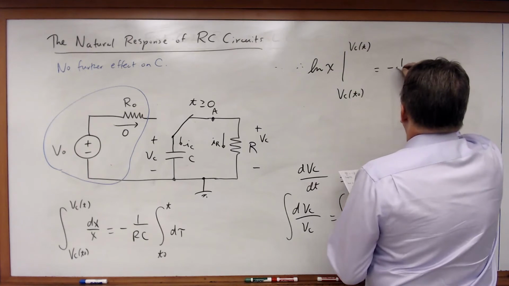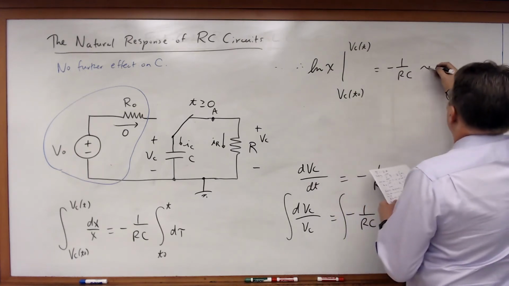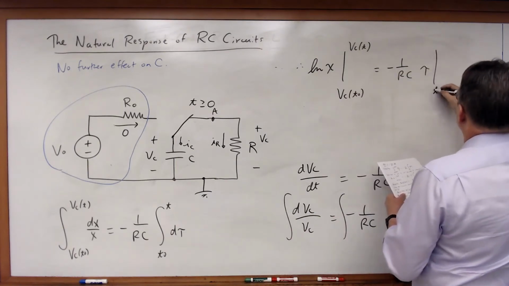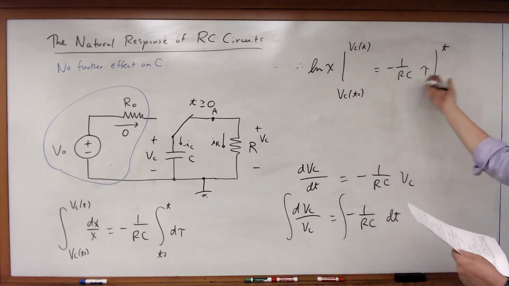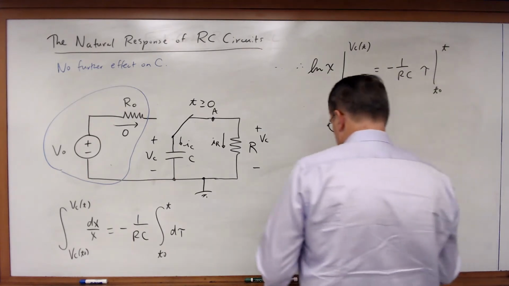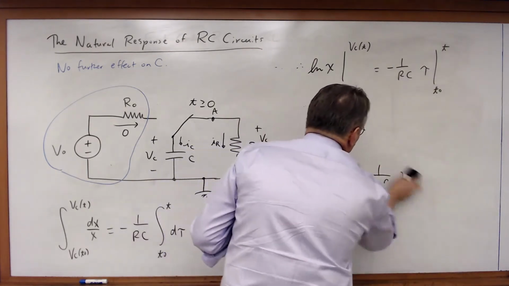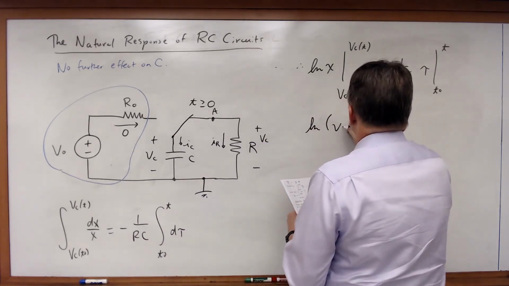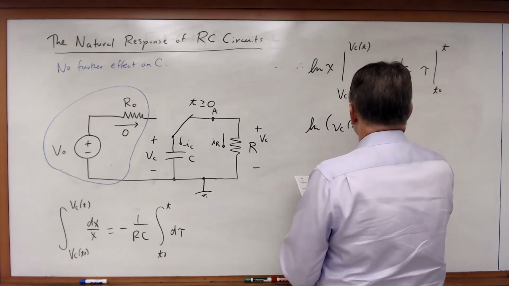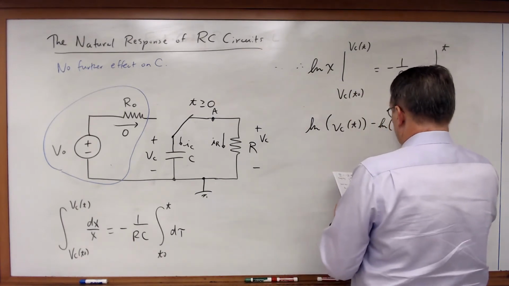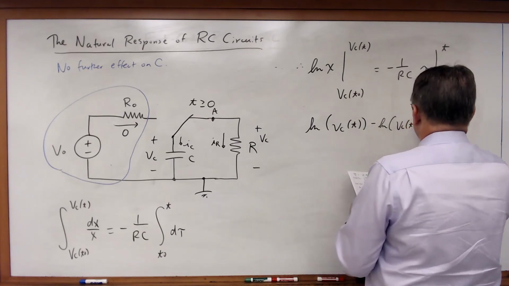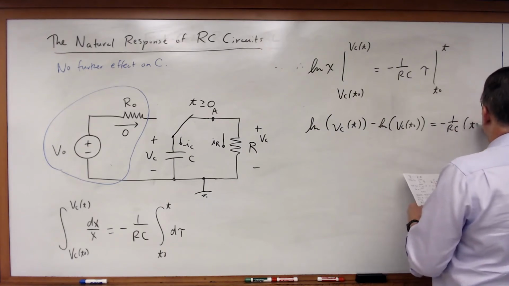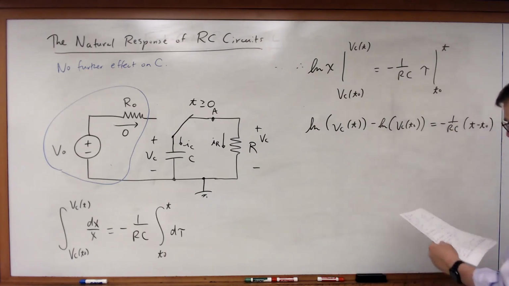And that'll be equal to minus 1 over RC, of d tau when integrated just becomes tau, and that's going to be evaluated from t0 to t. So I'm going to evaluate those limits, and what I will get is that the natural log of Vc(t) minus the natural log of Vc(t0) will be equal to minus 1 over RC times (t minus t0).